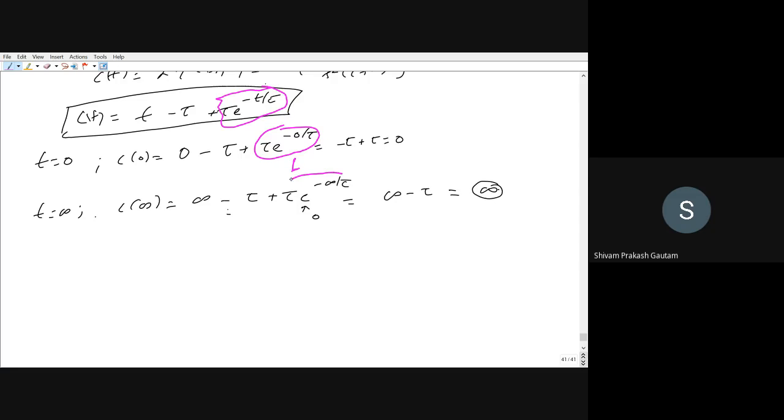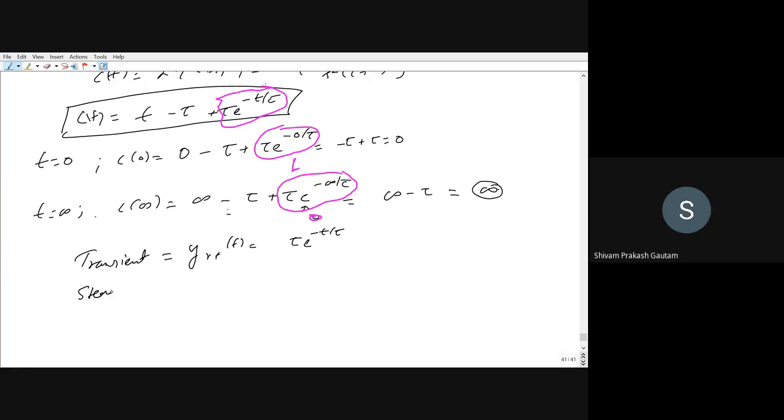At t is equal to infinity, this value becomes 0. So transient, c_tr(t), will be equal to tau e to the power minus t by tau. This is our transient part.